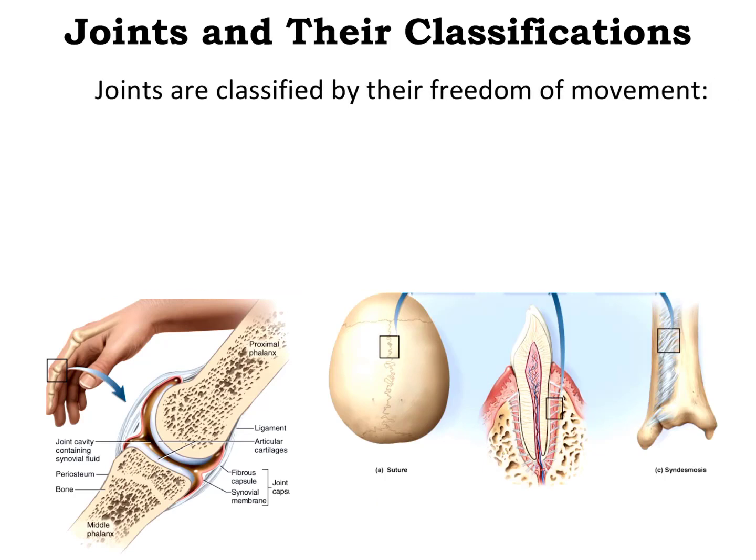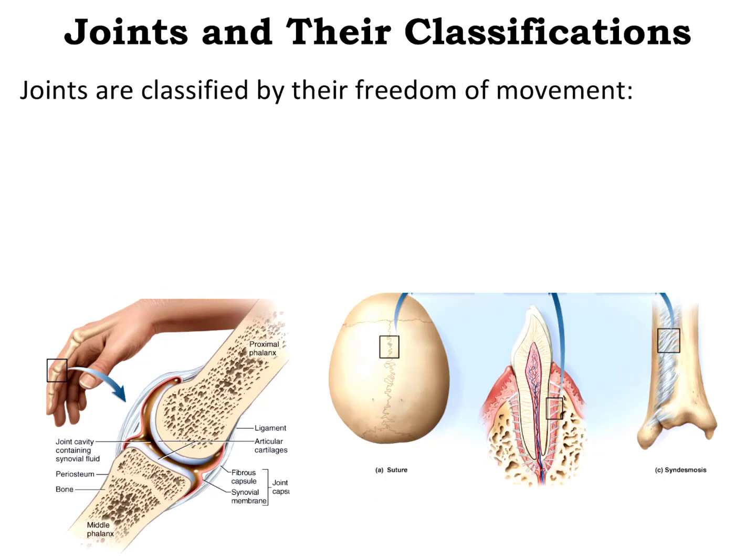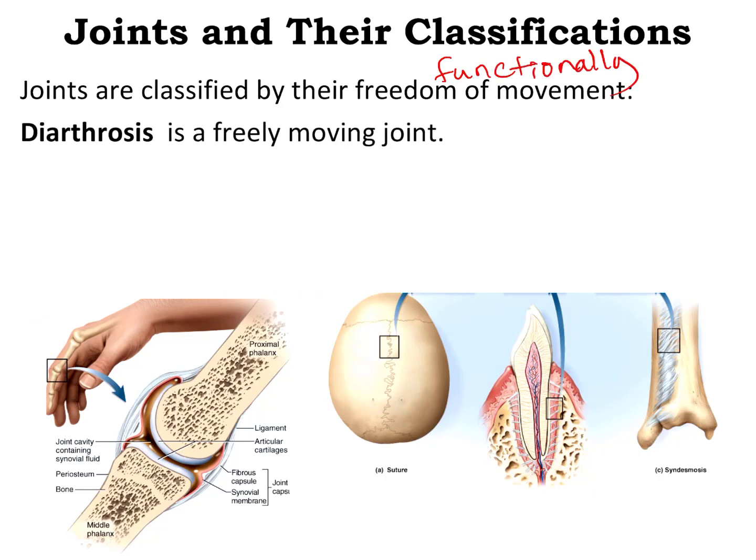So what are the different classifications? One way we can classify them is by their freedom of movement, how easily you can move. So functionally, we have diarthrosis, which is freely moving.